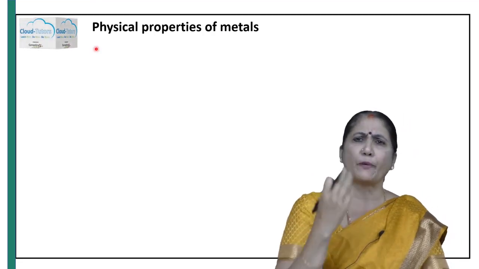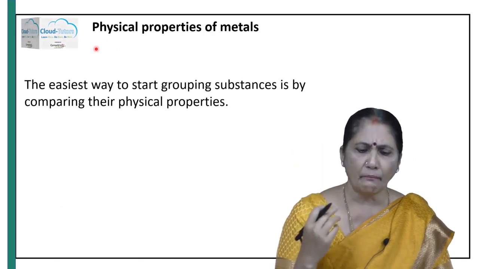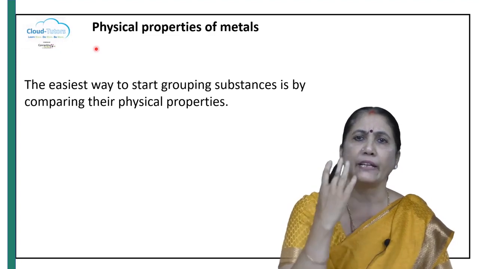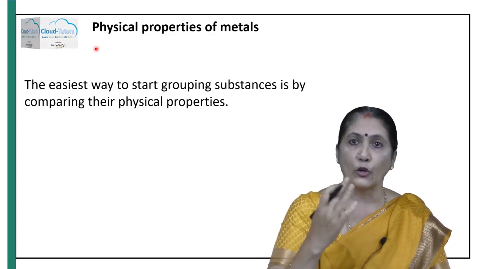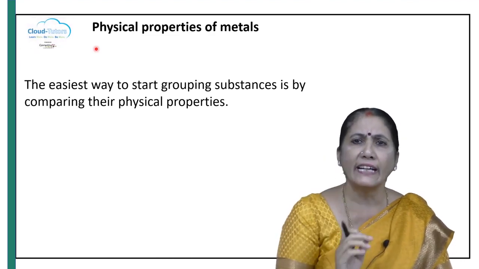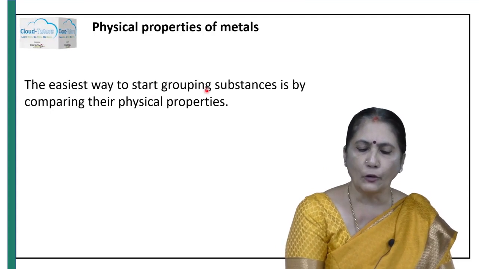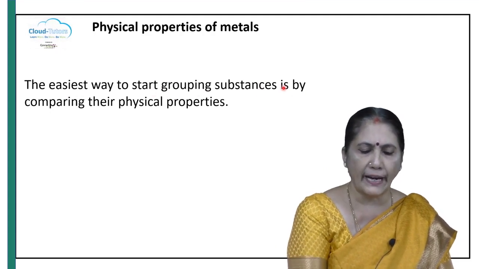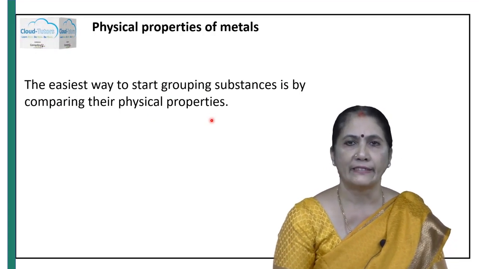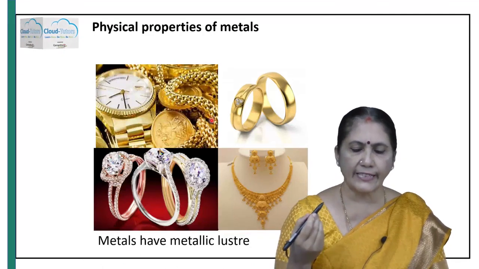The very first property of metals is that generally metals have a shining, lustrous appearance. I was just mentioning a few minutes earlier that the easiest way to start grouping substances is by comparing their physical properties. So let's see the first physical property.